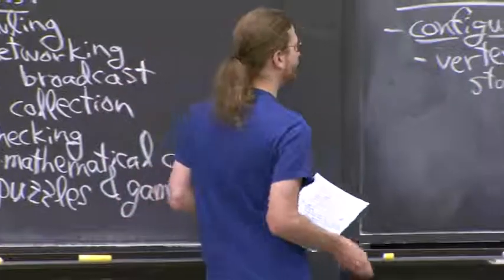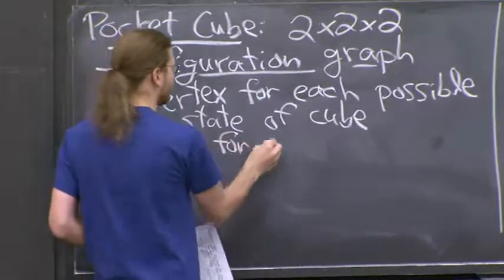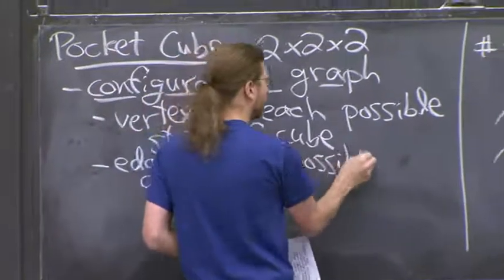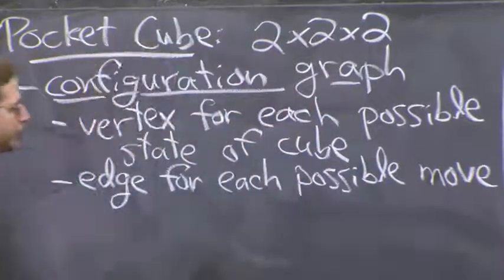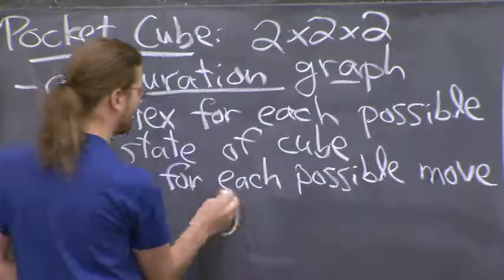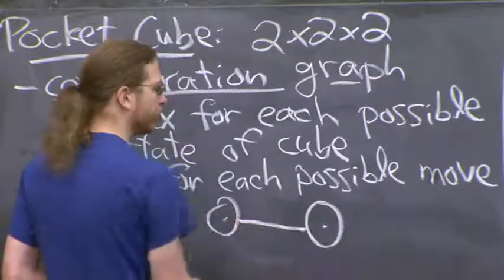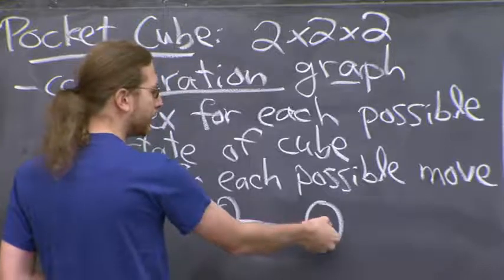OK, that was vertices. I should talk about edges. For every move, it takes you from one configuration to another. You could traverse it in one direction, make that move. You could also undo that move.